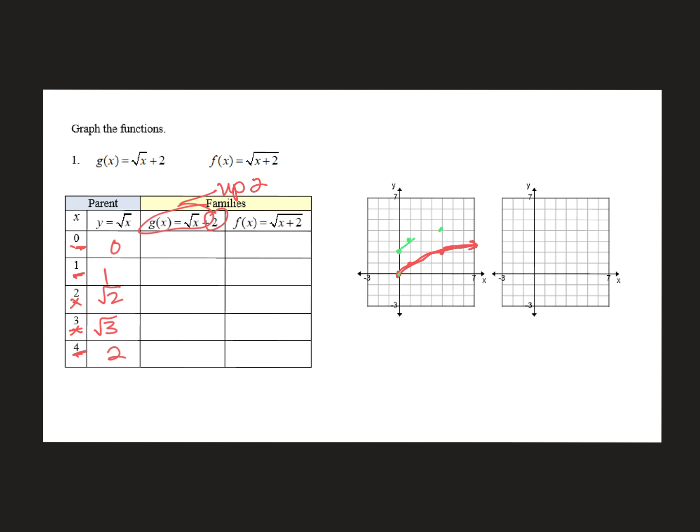And so my graph is now here. That new function is there. So plus 2 just moves the graph up. That just means this value of 0 becomes 2, this value of 1 becomes 3, and this value of 2 becomes 4 because I moved everything up. And up is a y value movement.